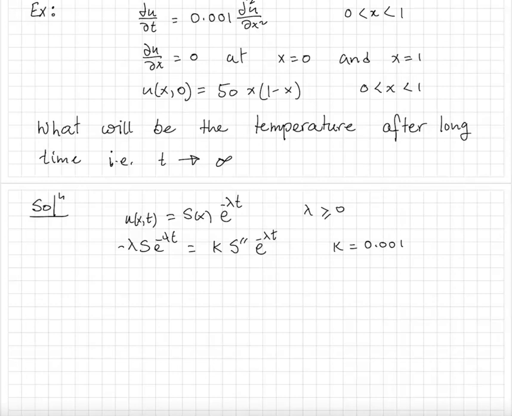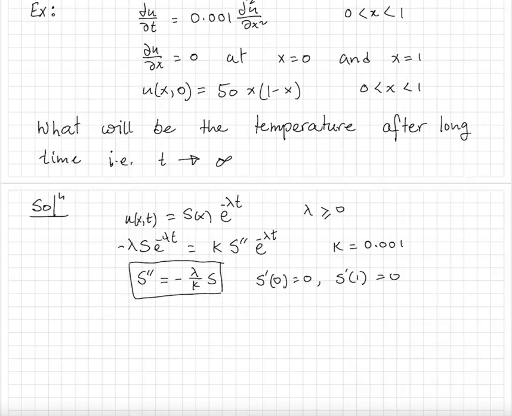So we can rearrange that: s double prime equals minus lambda divided by k times s. Okay, now we have the boundary condition, because the original PDE has Neumann boundary condition, so this one will also have Neumann boundary condition. So s prime vanishes at both ends.